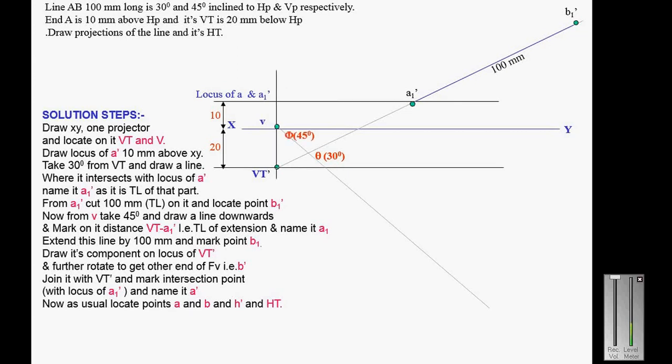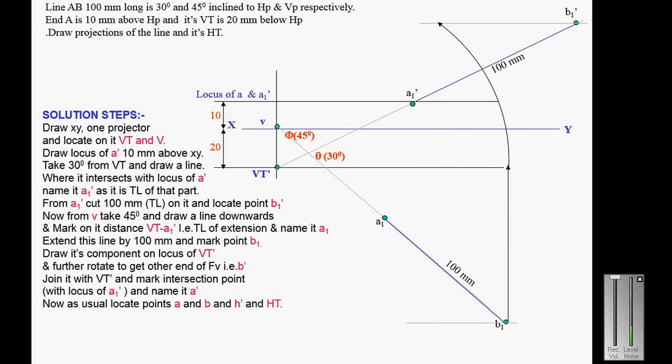Then through point V, with angle 45 degree, draw the second line and mark the point A1 B1. It is also true length 100 mm. Then draw the locus line through point B1 dash and project B1 and rotate it. This point is B dash.